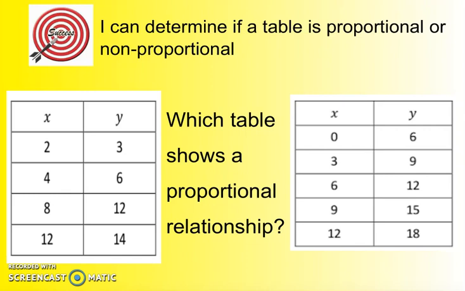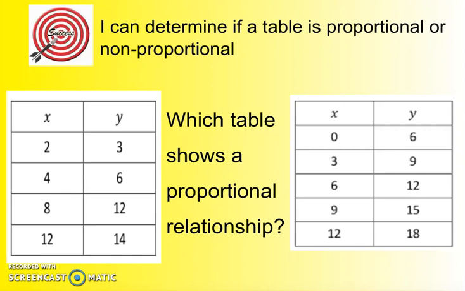First of all, we've only looked at graphs to see if they're proportional or not, and in the last video we talked about two criteria that a proportional relationship needs to have. The first thing is they need to have a constant rate of change, so basically it needs to have a slope that is constantly running and rising the same throughout the entire line, or in this case, table.